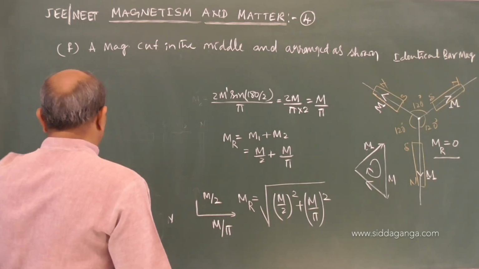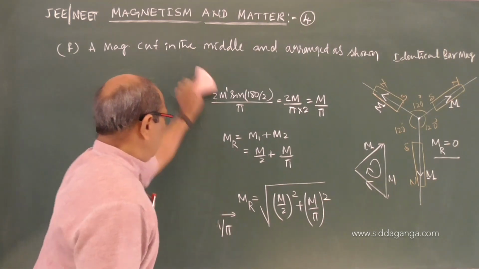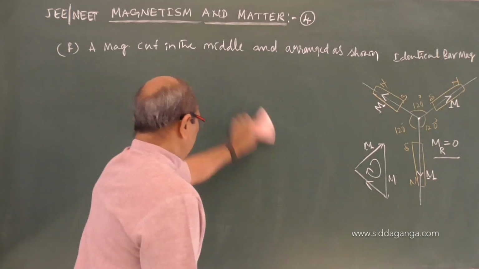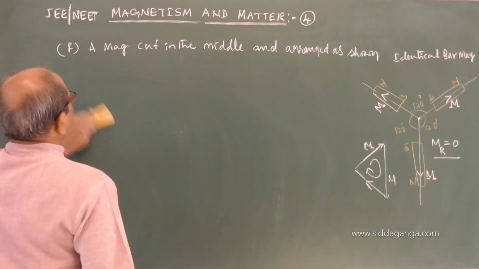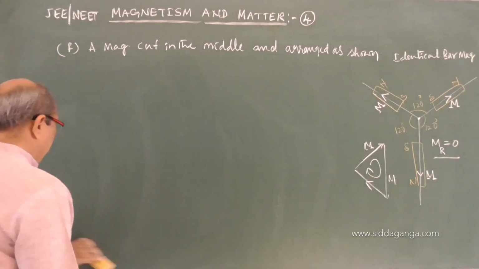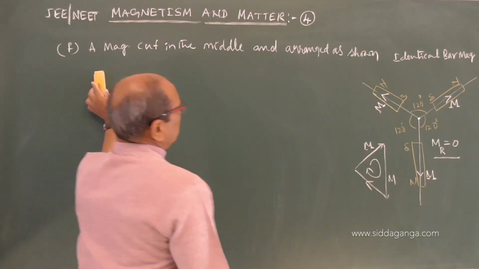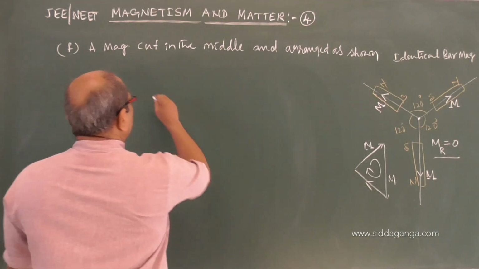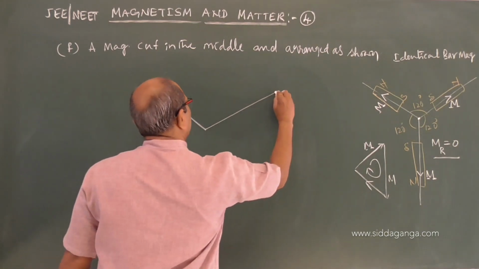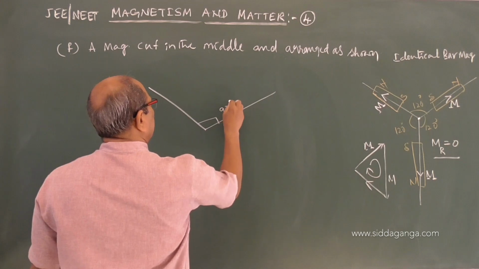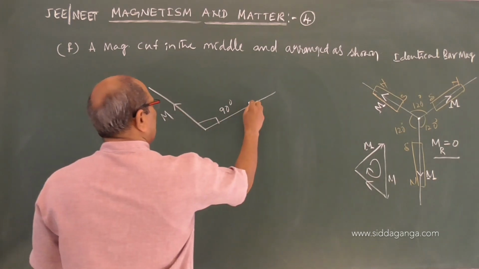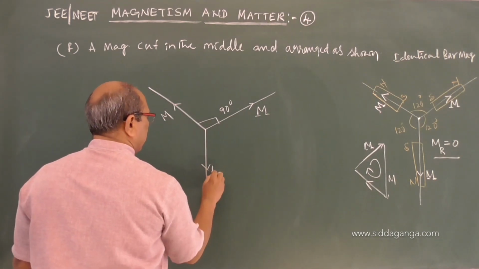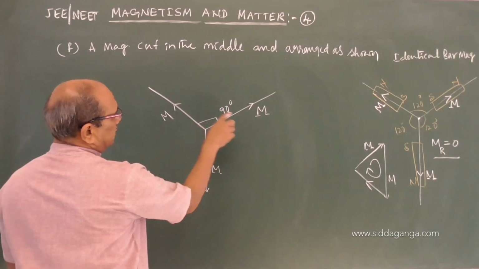Let us see another case. The two magnets are placed in such an order that this angle is 90 degrees, and this is M, and this is also M, and acting like this is another M. What is the resultant of these two?